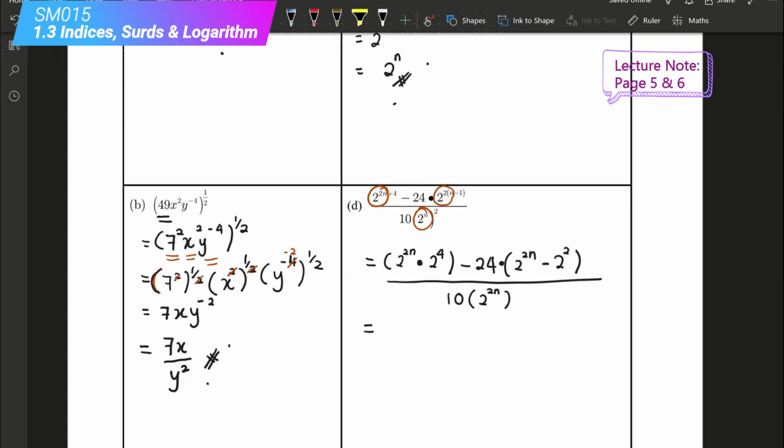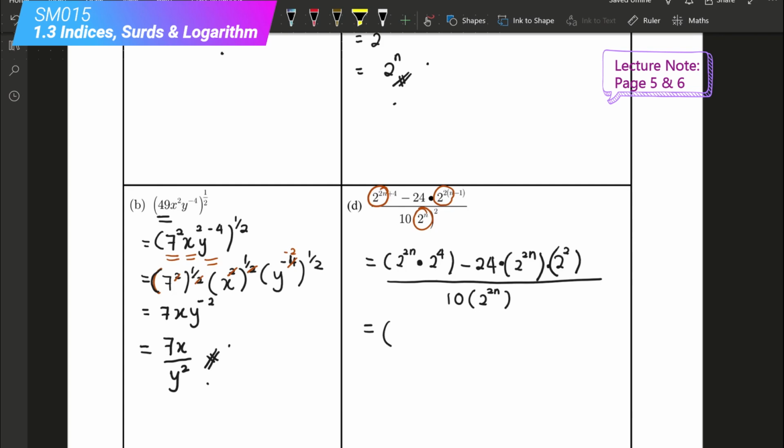What can we solve? We can solve this here. What can we see? We know that each term has 2 to the power of 2n.